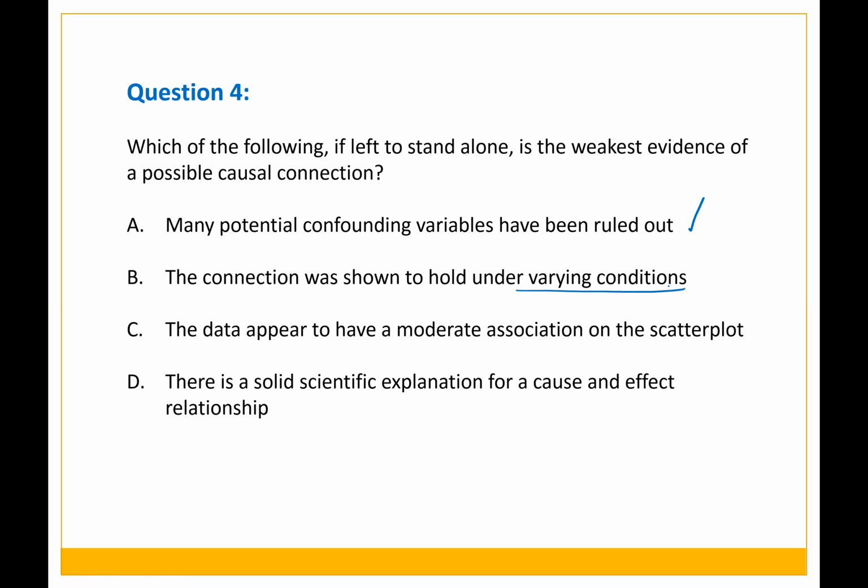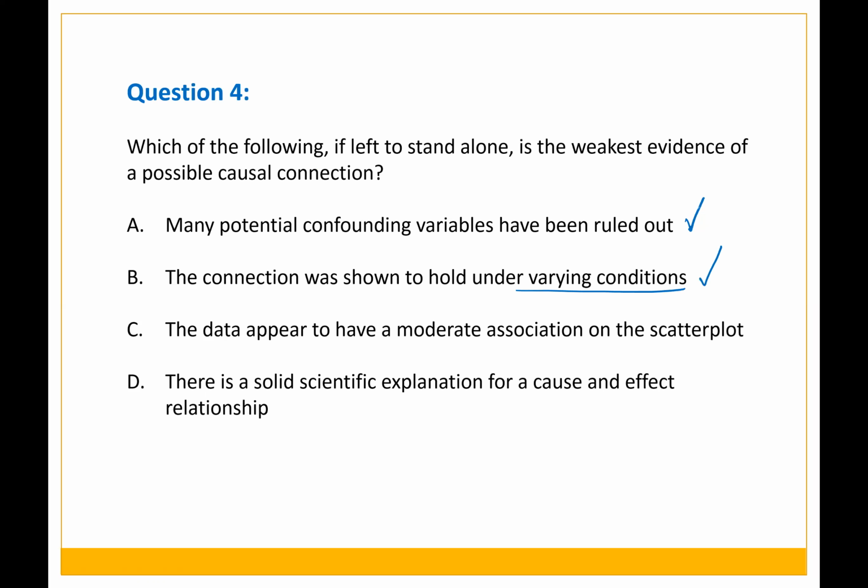So it means that there must be something related to the explanatory variable that relates to the response variable, and it's not depending on other confounding variables because those change, but this thing doesn't change. That is correct. It is strong evidence.